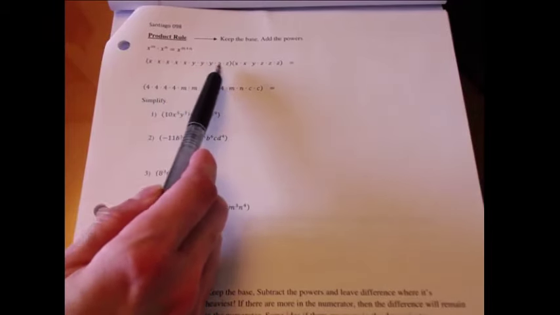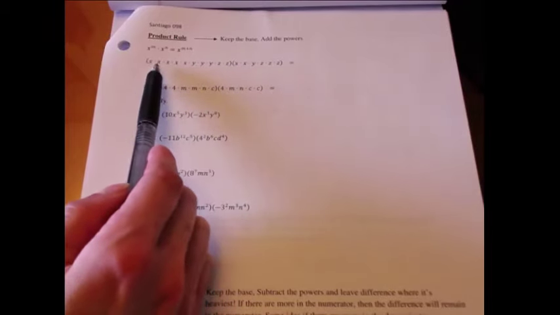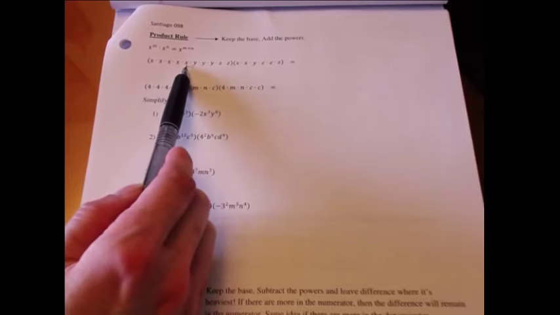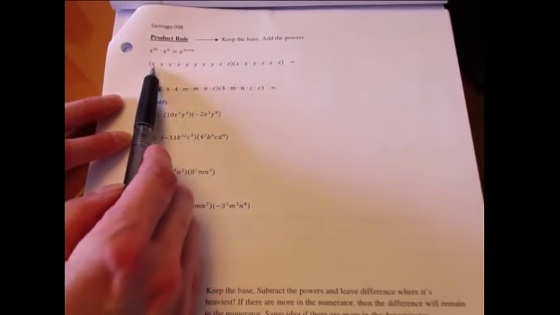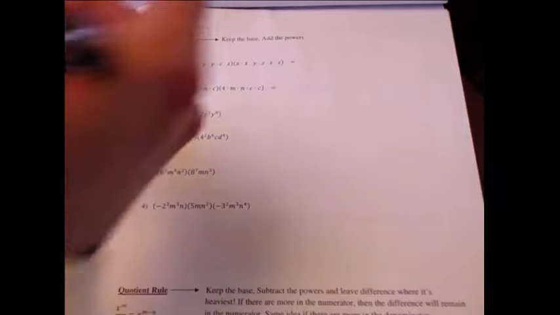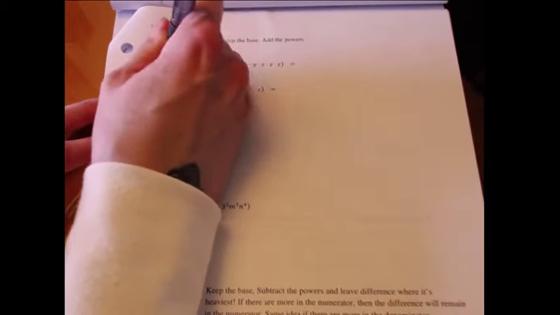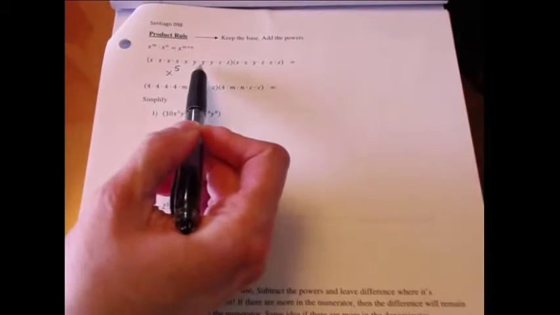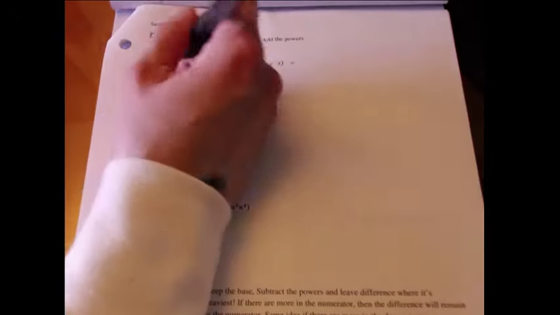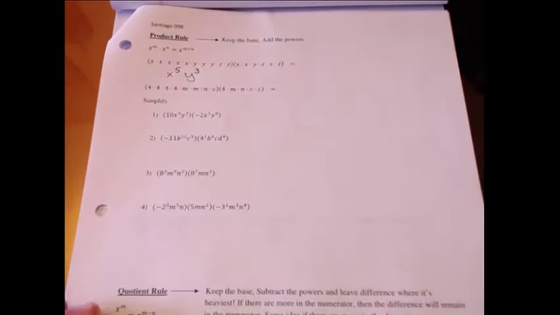Notice here for this first set of parentheses, we have 1, 2, 3, 4, 5 x's. We know that x times x times x continuous can be rewritten as x to the fifth. When you have y times y times y, you can rewrite that as y to the third.